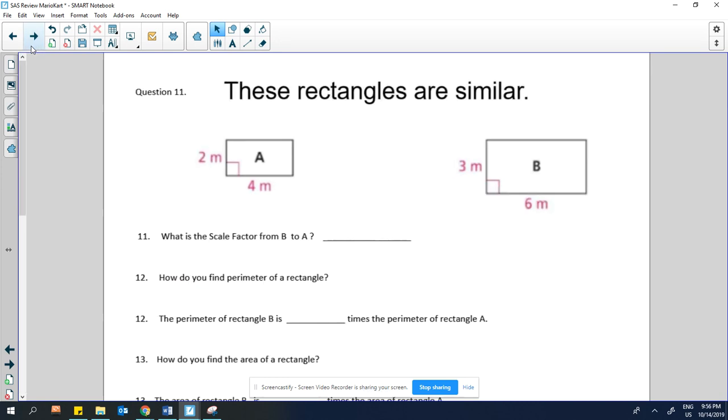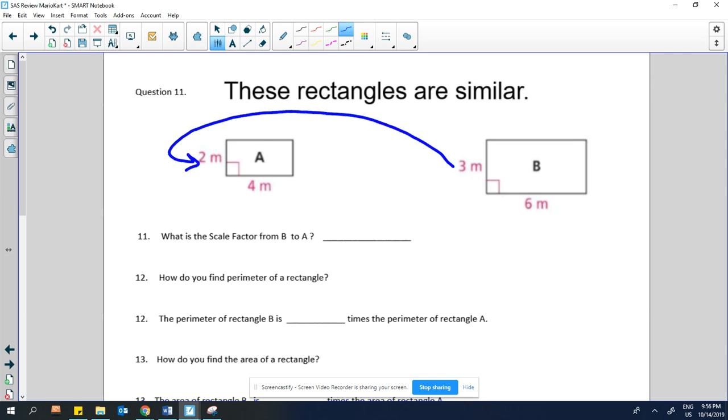All right, so we just proved that these rectangles are similar, so we know that they have to have the same scale factor of all the sides from B to A. So let's find out what that scale factor is. Now I'm going to make sure that you go from B to A. So go ahead and draw your arrow in. Okay, so your arrow should look either like this or like this.